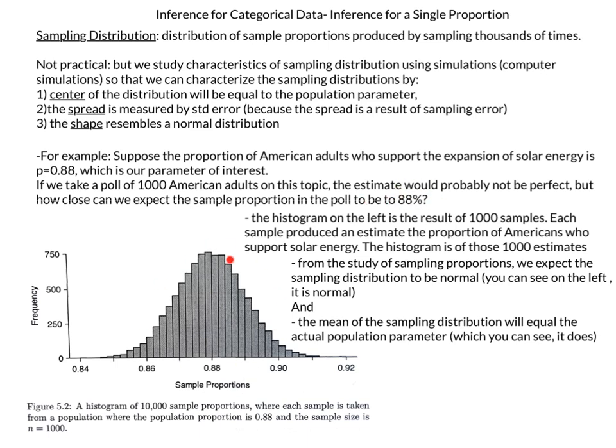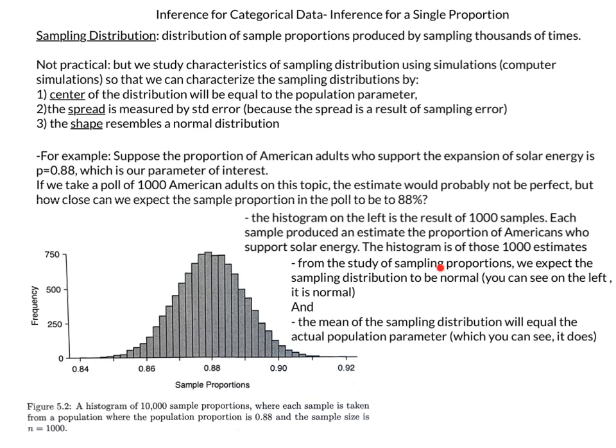Here we have a histogram on the left. It's a result of 1,000 samples. Each sample produced an estimate of the proportion of Americans who support solar energy. So this histogram is of our 1,000 estimates from our 1,000 samples.